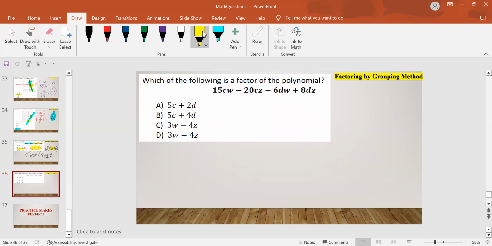Okay, the last problem. So which is again factoring by grouping. We take it 2 by 2, we take the first two and the last two.